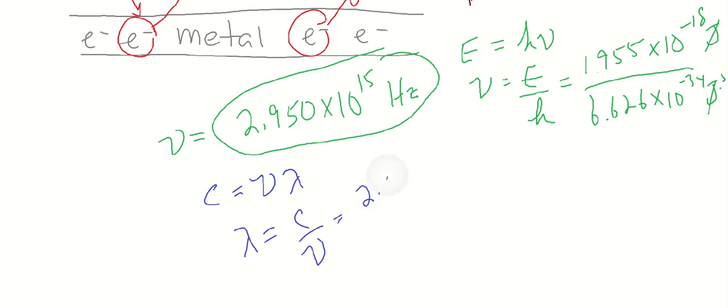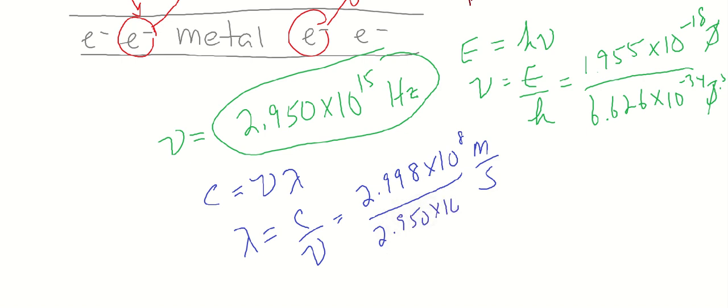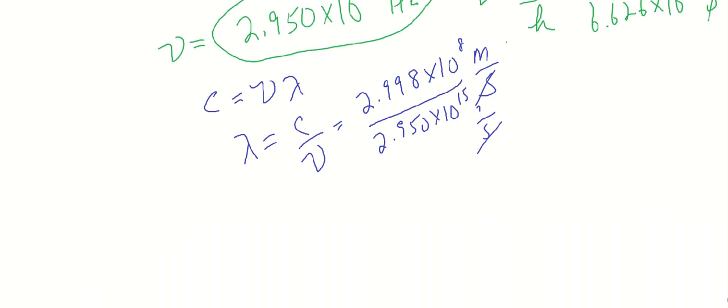Speed of light is 2.998 times 10 to the 8 meters per second. And frequency, we just solved for that, 10 to the 15 per second. So these are going to cancel out. We'll be left with meters, which is the SI unit for length, wavelength.